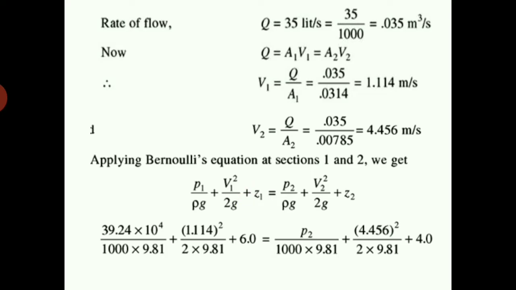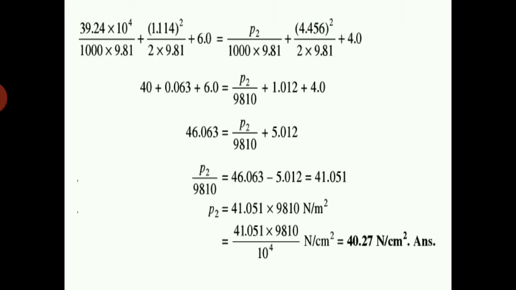Similarly, at section 2, we need to calculate this intensity of pressure over here, so it is unknown to us. Similarly, water is also flowing through this section. Therefore, 1000 multiplied by 9.81 plus velocity at section 2, which we have calculated over here, divided by 2g plus 4, that is Z2.